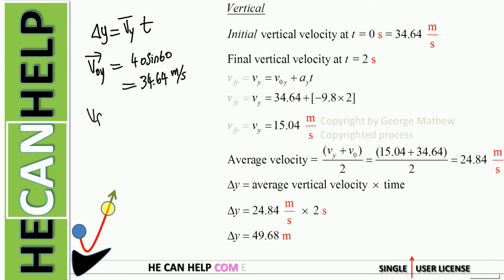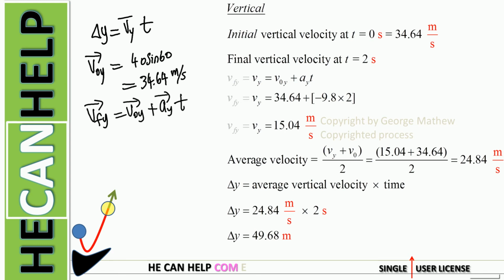Do we know the final velocity along the vertical? We don't, but we can find it. By definition, acceleration is the change of the vertical velocity component divided by time. From that, v final y equals v0 y plus acceleration along y times time.